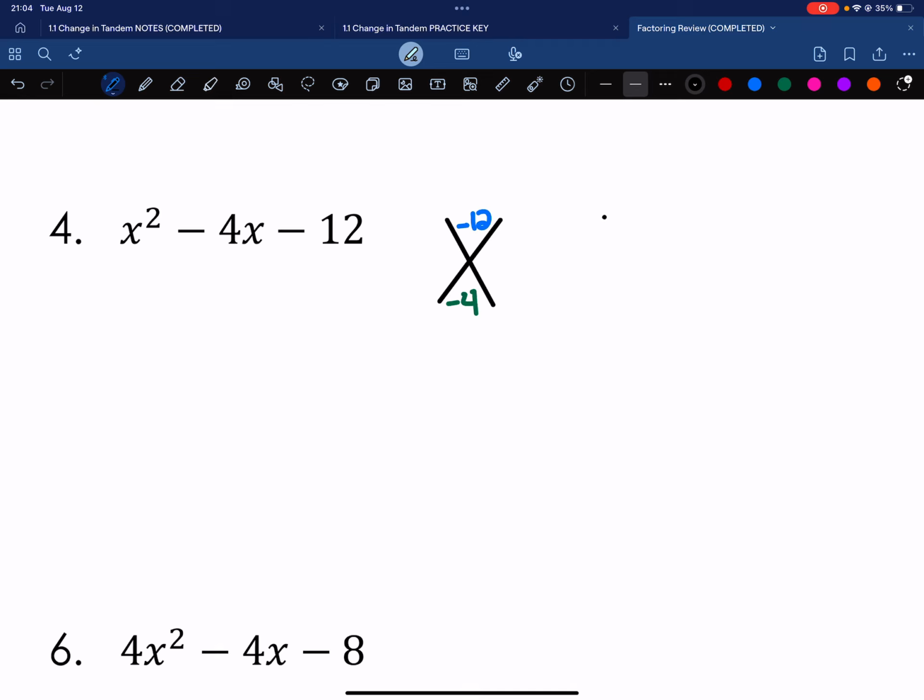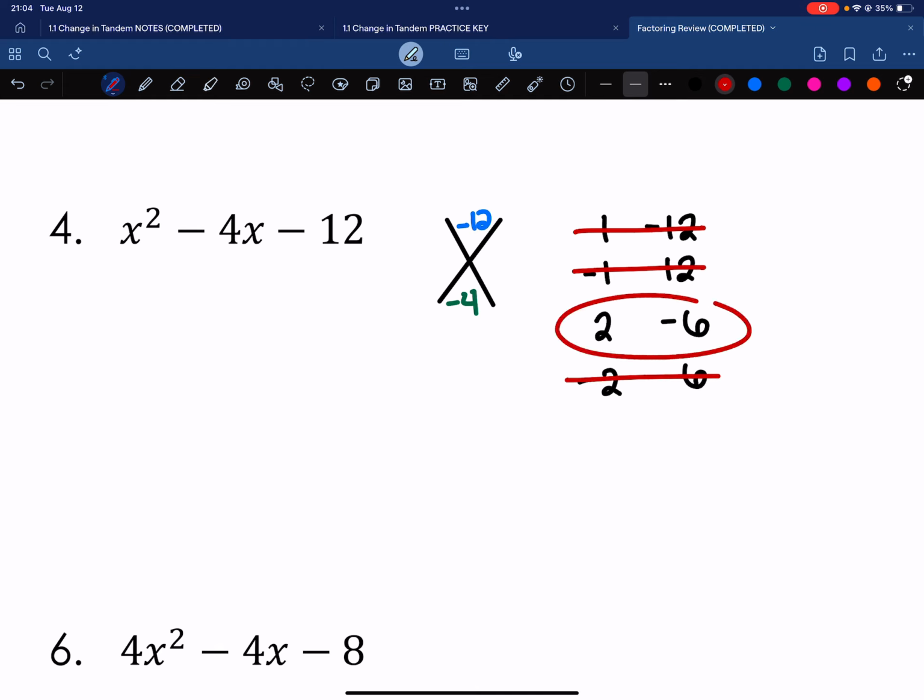So we can multiply 1 times -12 and -1 times 12, but those are not going to give us 4 when we add them or subtract them. Okay, we could do 2 times -6 or -2 times +6. Now when we do this, one way gives us a -4, one way gives us a +4. We want the -4, so that would be this combination right here.